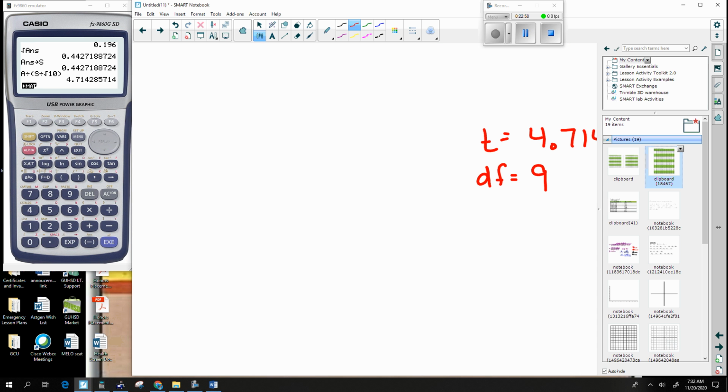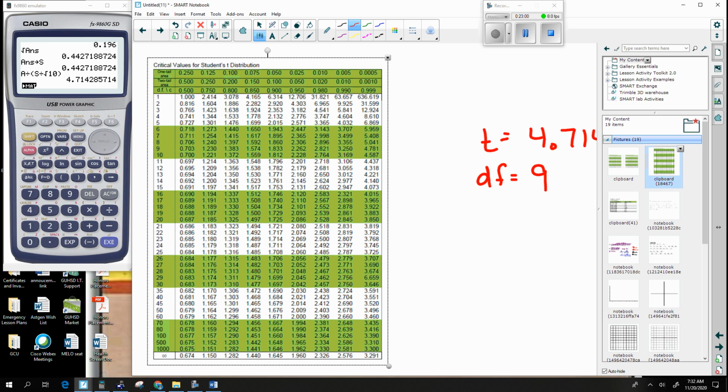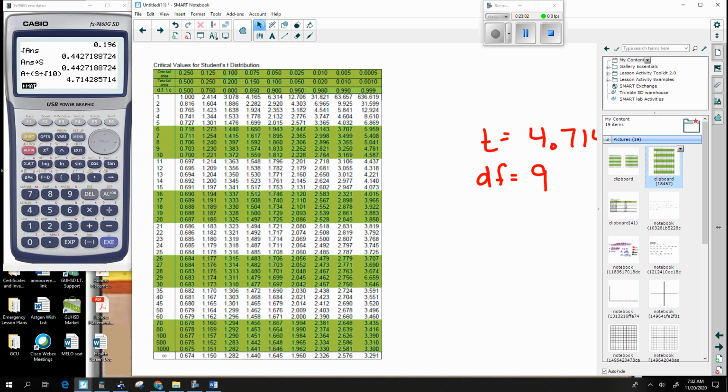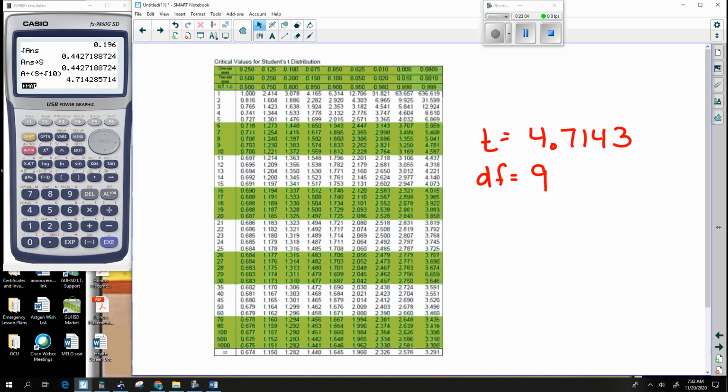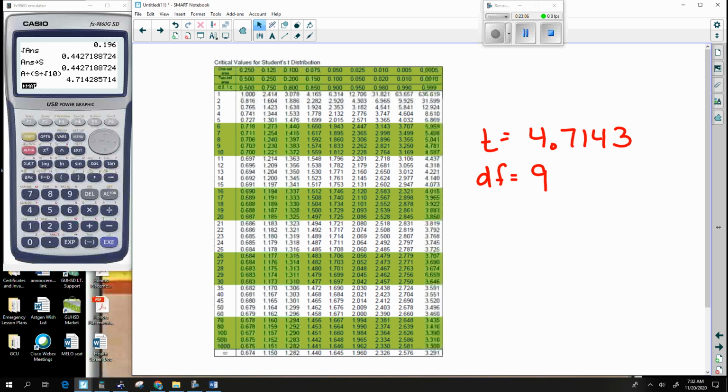Okay, so we take a look at our t-table for this one right here. Looking at the degree of freedom of 9 for 4.71. Wow, it's way up there. It's almost maxed out on the degree of freedom of 9 line there. So 7.1, it just fits in.